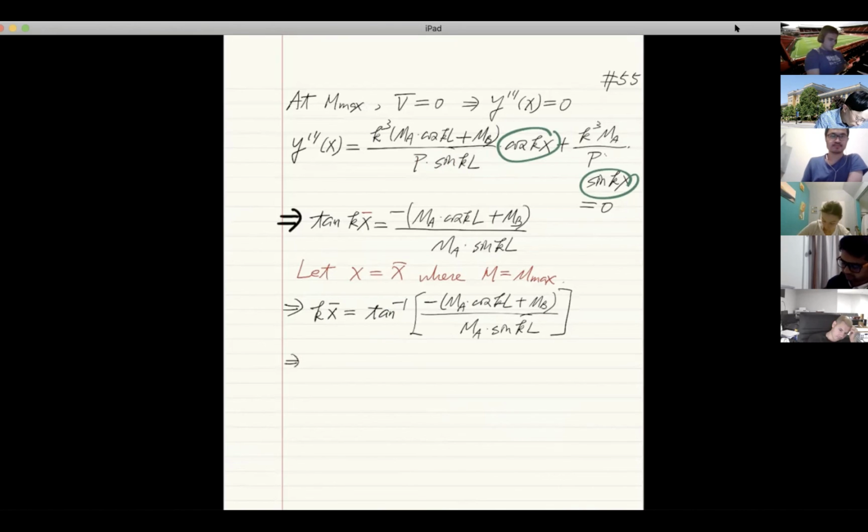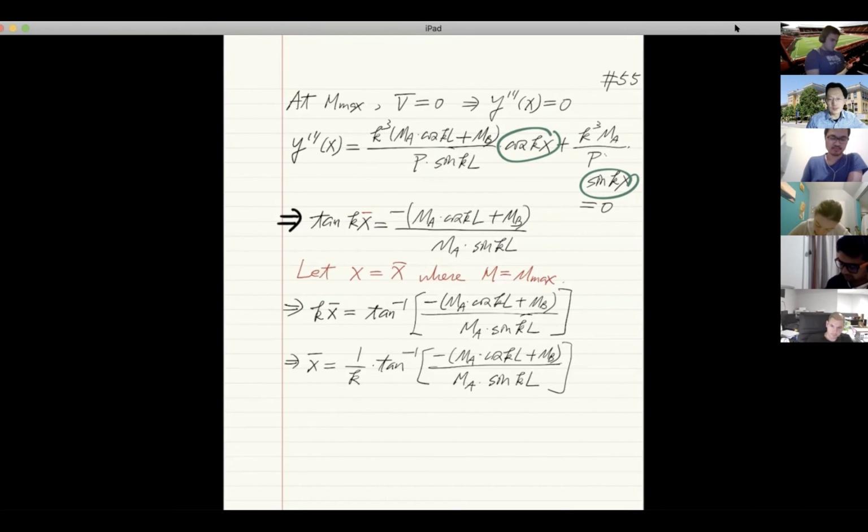And how do we find x bar? x bar is just 1 over k times the arctangent of the whole thing. Like this.